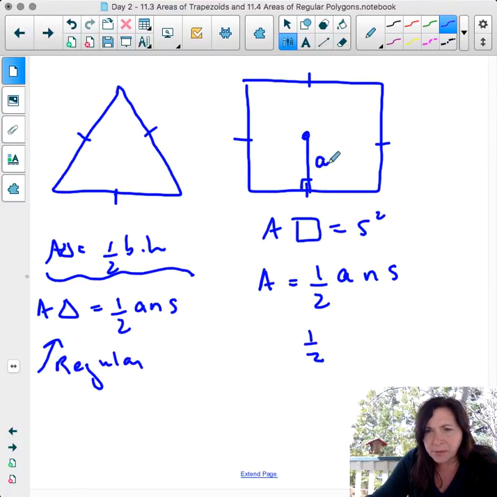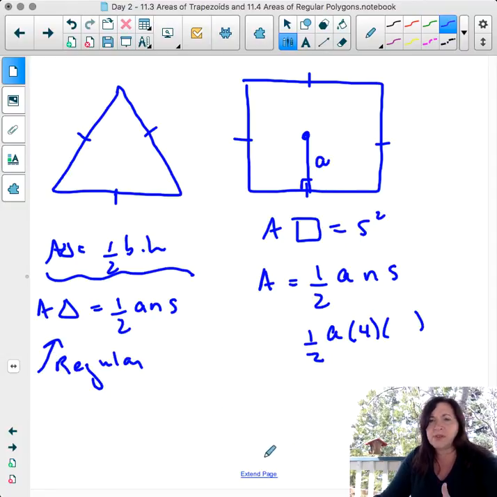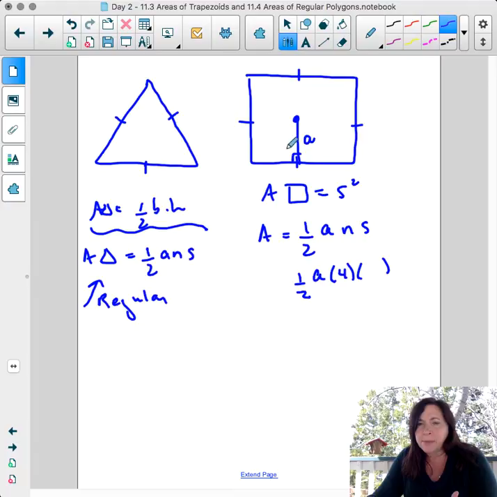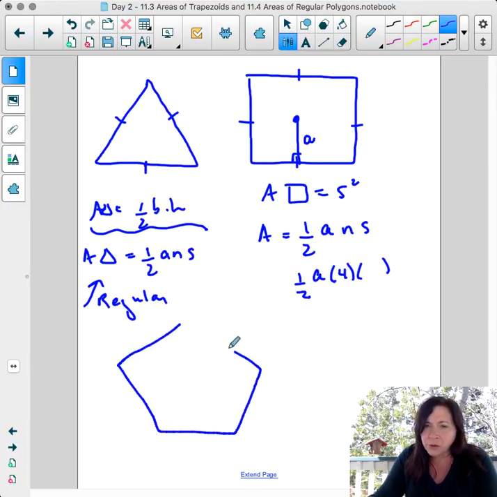That's my apothem, times the number of sides, times the length of one side. Now a trapezoid is not regular. A rhombus is not regular, but a 3-sided shape, a 4-sided shape, a pentagon, that's regular. The key word being regular. All sides have to be congruent. Then you can use 1/2 A N S.